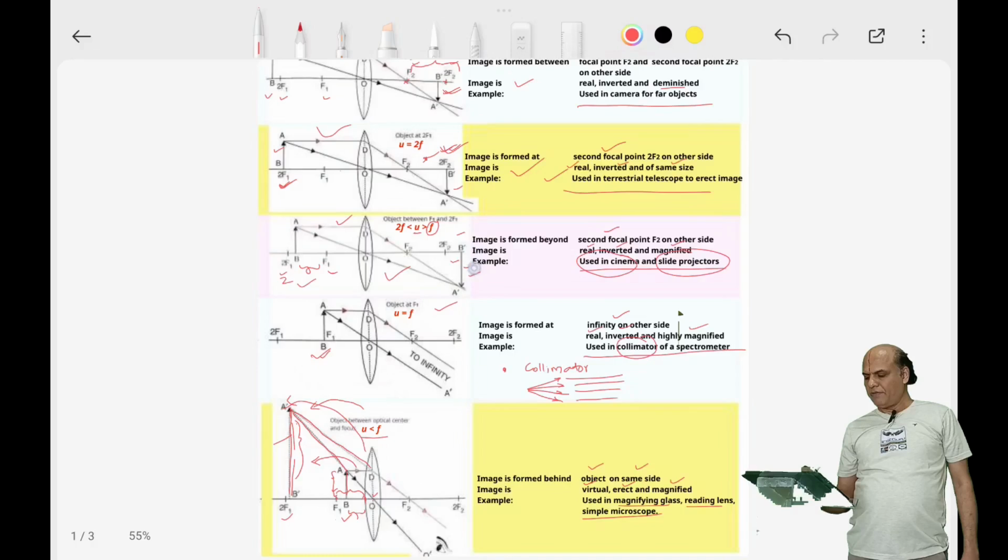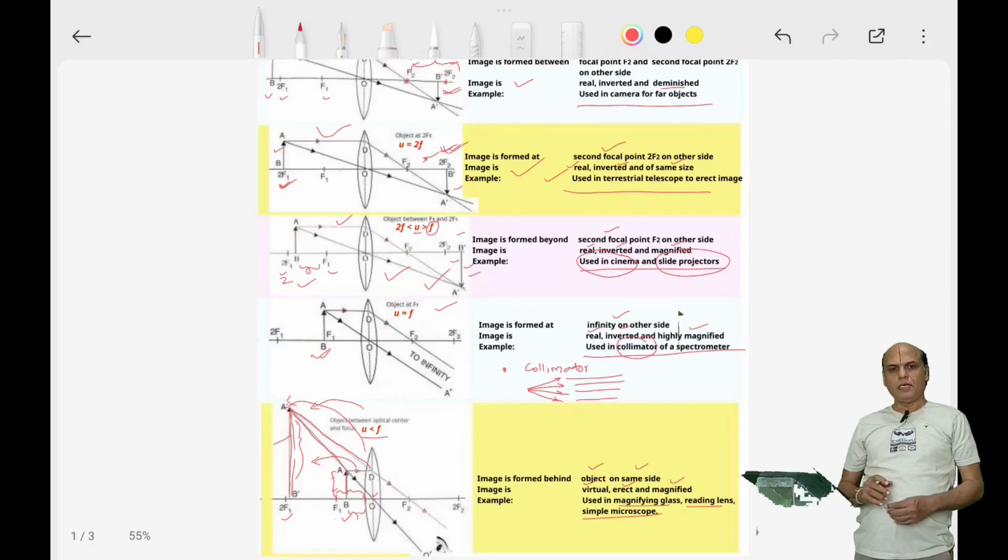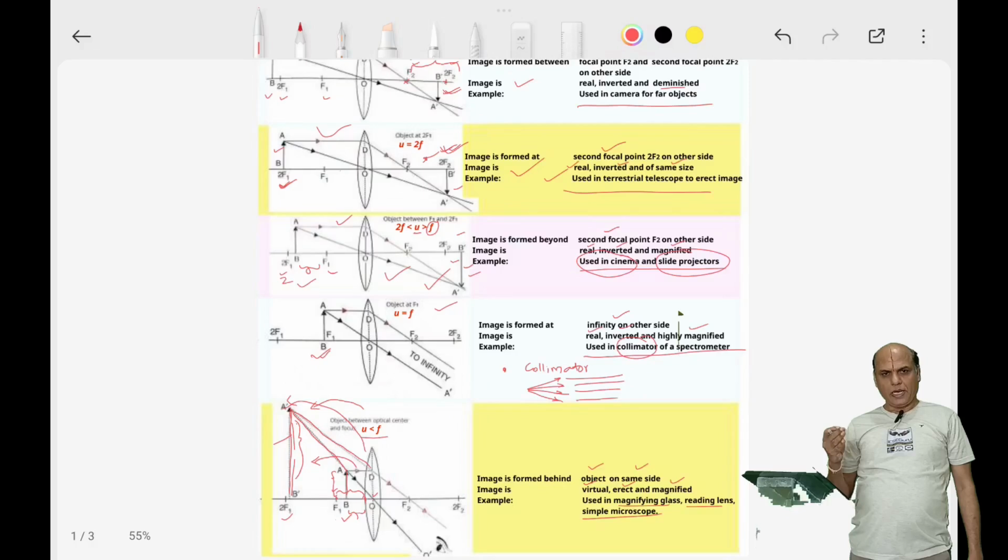The image is magnified and is found beyond the second focal point on the other side. So this is used in cinema and slide projectors, where the actual object is inverted and very small. You get a magnified image which is inverted, so it appears erect.